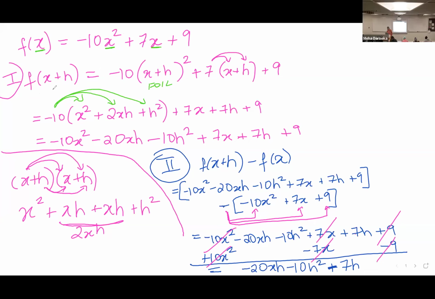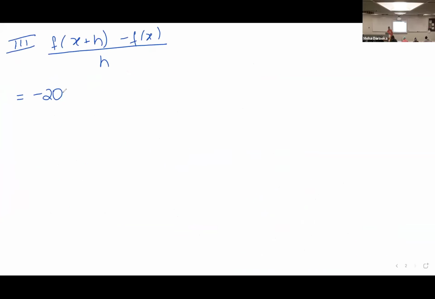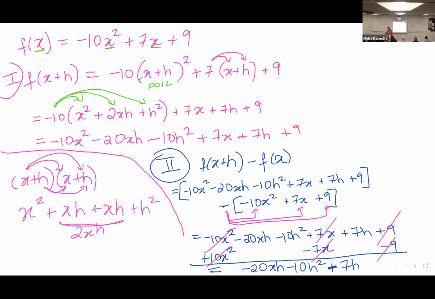Right, step 3 is where we take the answer from step 2 and divide it by h. So we had negative 20h negative 10 squared.